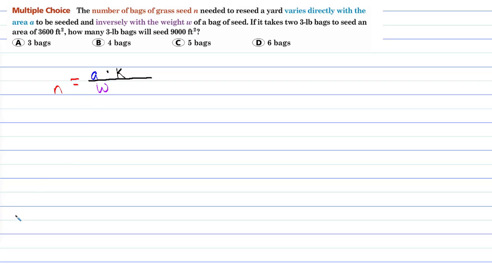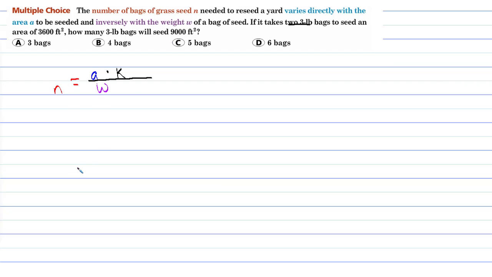So we first need to find out what K is. Plug in the information we have. If it takes 2 3-pound bags of seed for an area of 3,600 square feet, how many 3-pound bags of seed will seed 9,000 square feet?